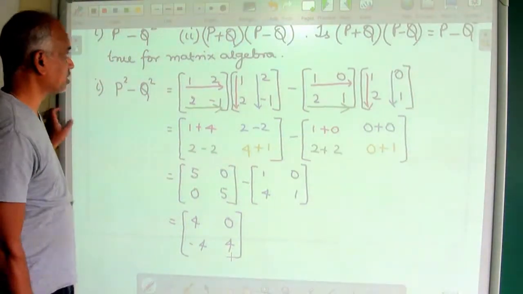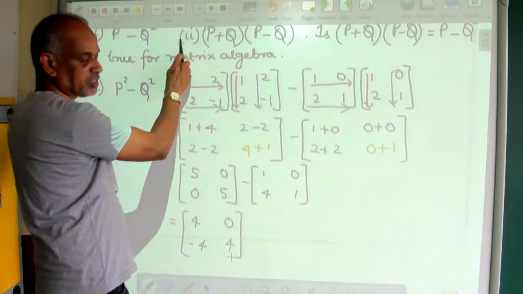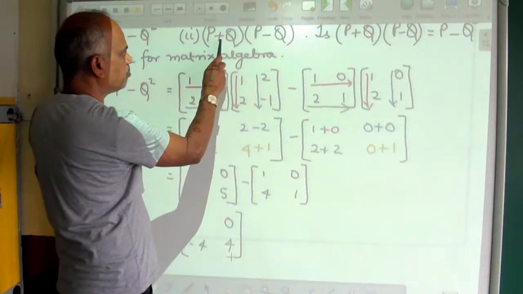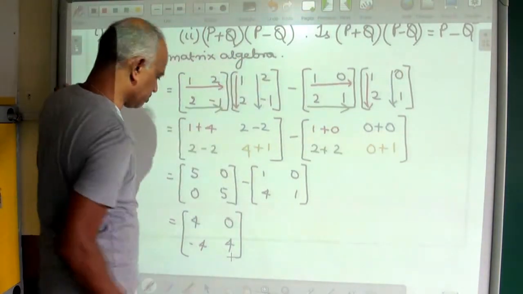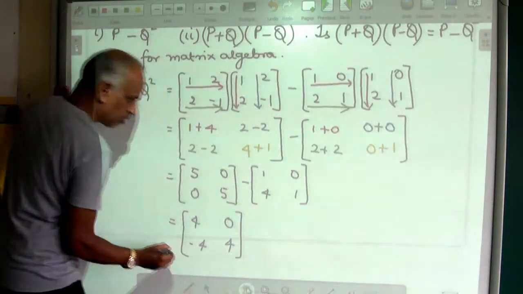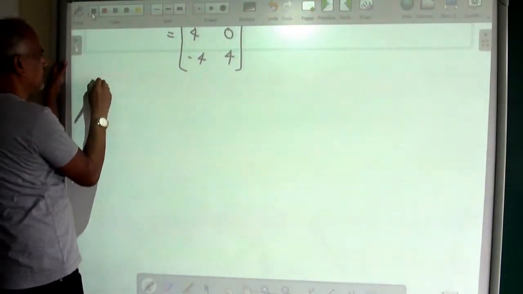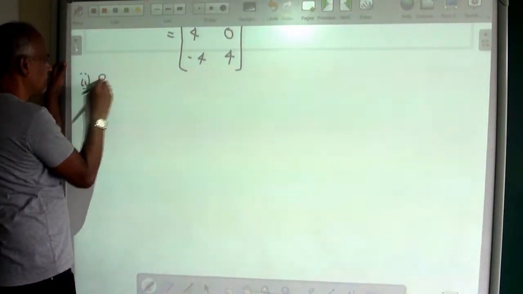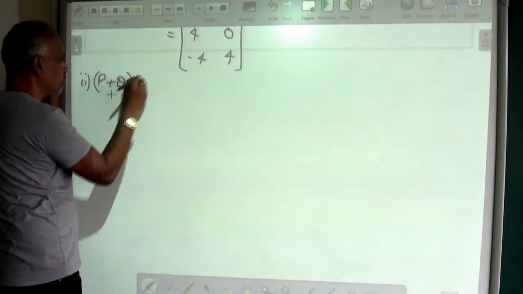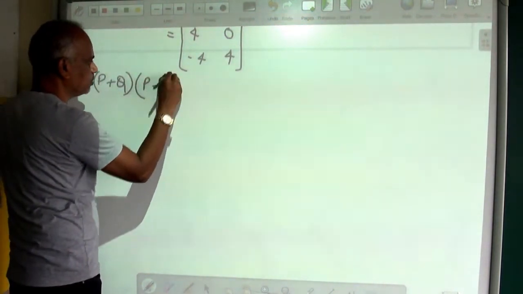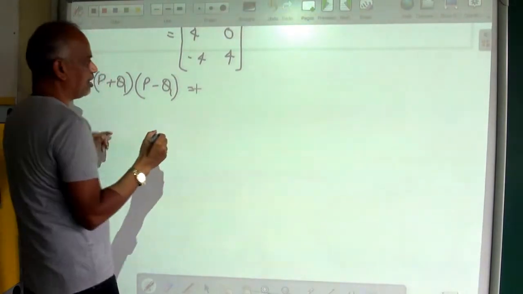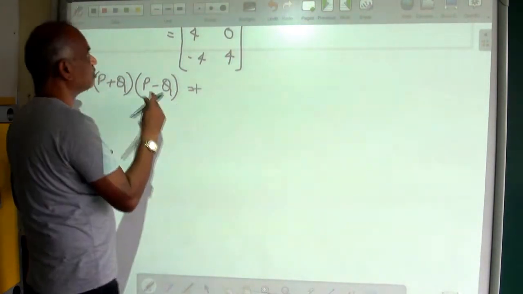That was the first subdivision. The second subdivision of the question is you have to find P plus Q into P minus Q. So let's do that one. Let's put the values first. P plus Q first.